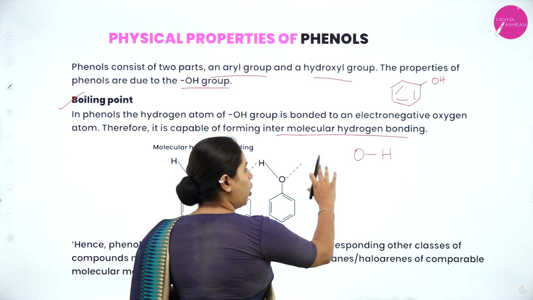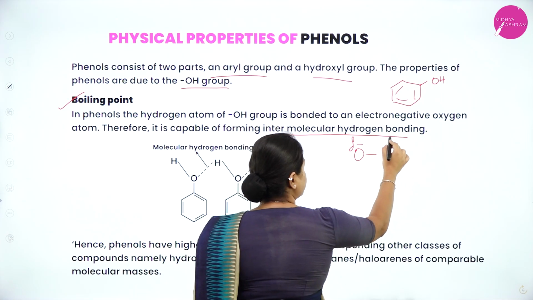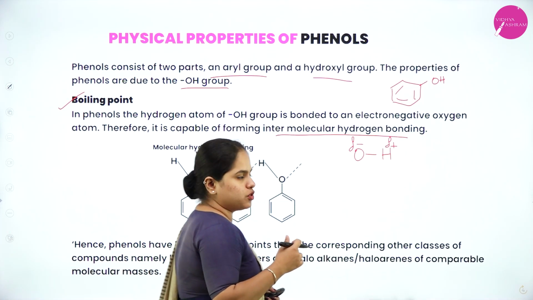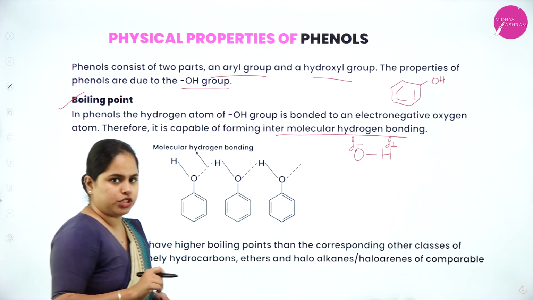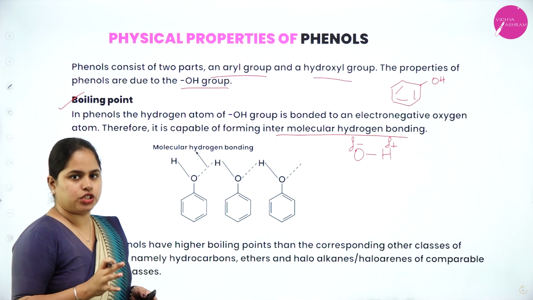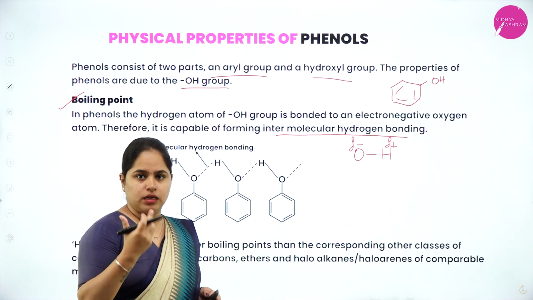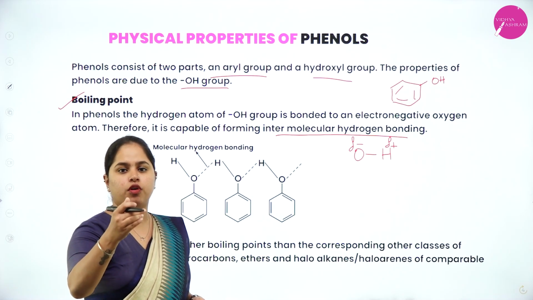Considering oxygen and hydrogen, oxygen is more electronegative and hydrogen is less electronegative, so the shared pair of electrons will be attracted more towards the oxygen, and it gets a partial negative charge. Because of this charge separation, the bond will be a polar bond, and hence it will be able to form hydrogen bonds.